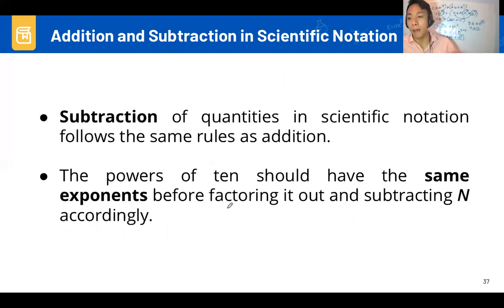You need to pass the activity na isasend ko sa inyo sa GC natin hanggang 10 o'clock, 10 a.m. Again, I will send you a picture of the activity sa ating GC and then send you yung mga sagot ninyo bago mag 10 a.m. Okay?